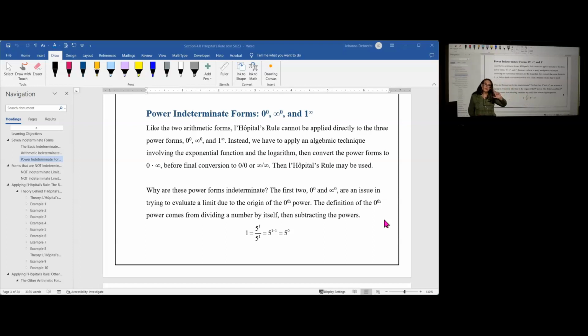But by the rules of exponents, we know that when we're dividing, we subtract the powers. This gives us the definition of the negative exponents, but it also gives us 5 to the 0th power. In other words, the 0th power represents dividing a number raised to the first power by itself. And if we do that with 0, we're right back to the basic form 0 divided by 0. 0 to the first divided by 0 to the first does not exist. The limit of it is indeterminate.